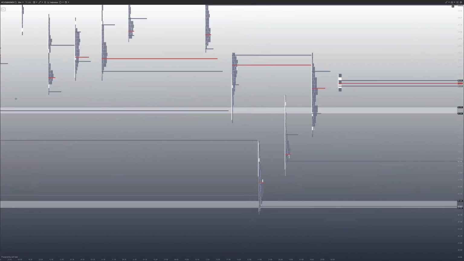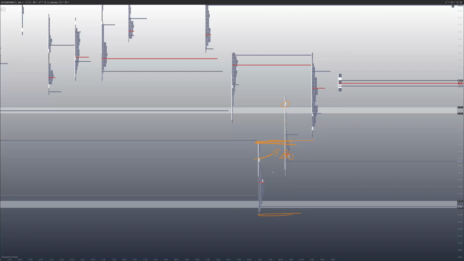It's simple. I put this profile here and merge it with this profile. And we see why I merged this profile with this one here. It's simple: we closed inside the previous day. This is an open and this is a close. We closed inside the previous day, and more than 50% of all the volume was traded in the previous day.